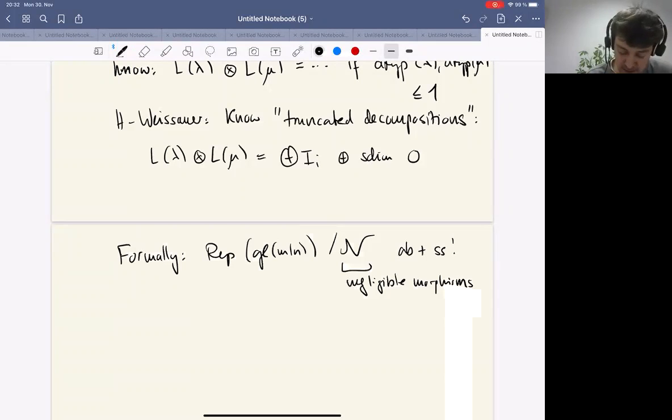And now there's a theorem of Deligne which characterizes basically so-called super-Tannakian categories. So it's an extension of the notion of a Tannakian category, which encompasses not just algebraic groups or affine group schemes, but also supergroups, affine supergroup schemes.